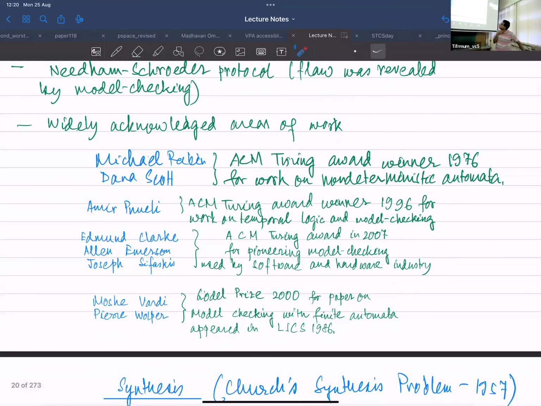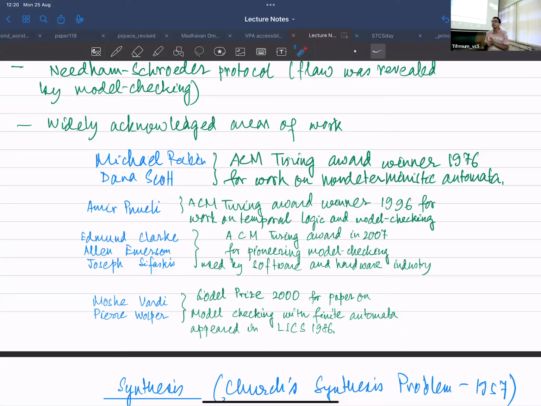Okay, so just some history related to this area. In 1976, Michael Rabin and Dana Scott. If you have heard of the term Scott-Rabin automaton, this is nothing but our simple non-deterministic automaton, NFA, right?